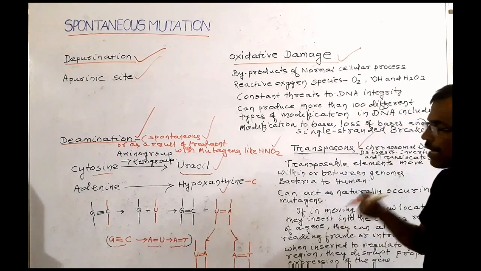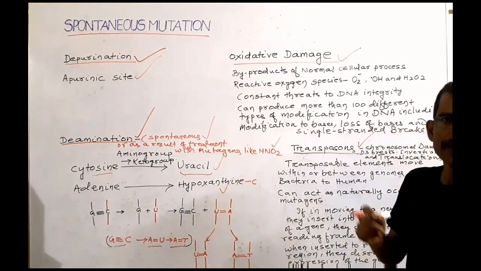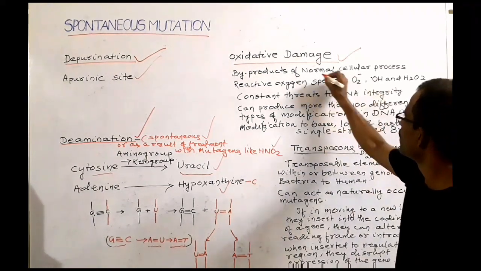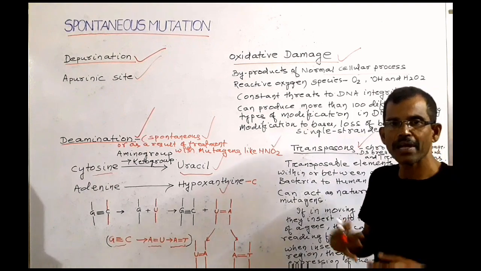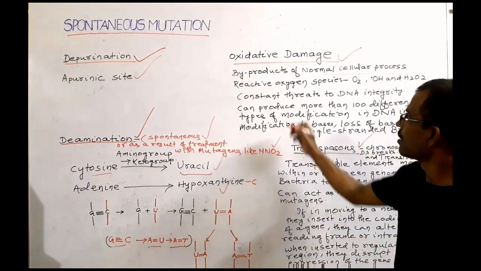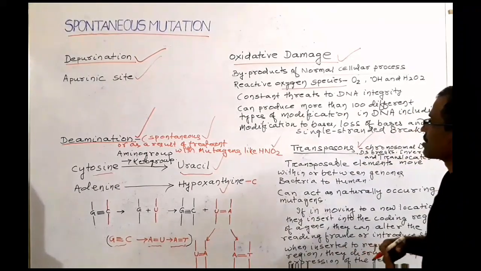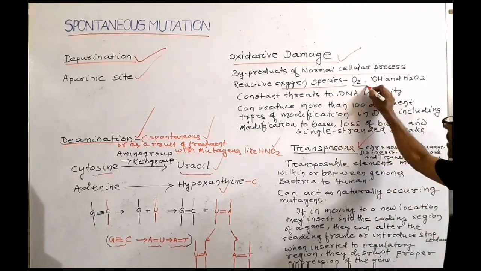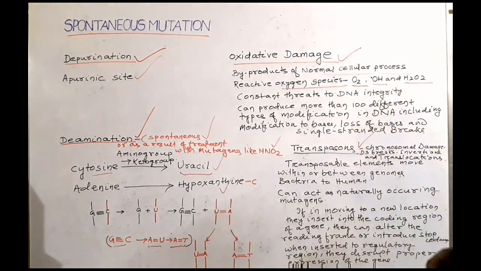Damage to the DNA can be caused by reactive oxidants. These reactive oxidants are the byproducts of normal cellular processes. Examples of reactive oxidants are reactive oxygen species. Various reactive oxygen species that are produced during normal aerobic respiration are superoxide radical, hydroxyl radical and hydrogen peroxide.